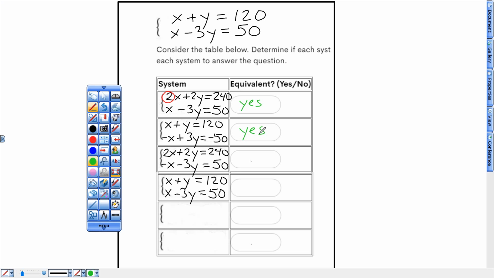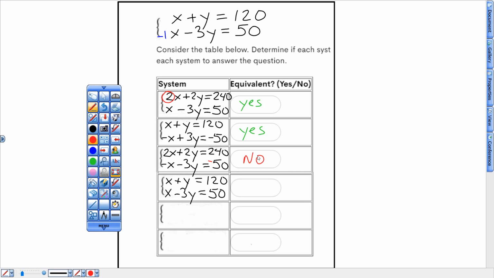This one says 2x plus 2y equal 240 if I'm timesing by 2. The bottom one says times by -1, and it looks like that one is all the way good until I forget to make this 50 negative. So since that's the case, this one would be a no, not equivalent, because I didn't times that all the way through.